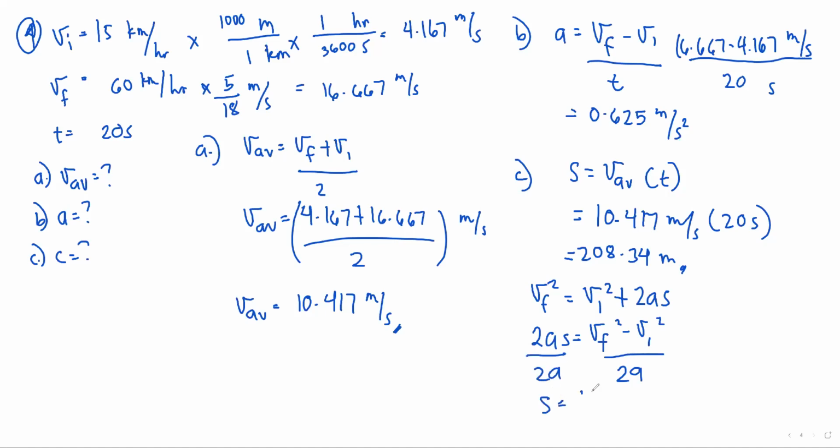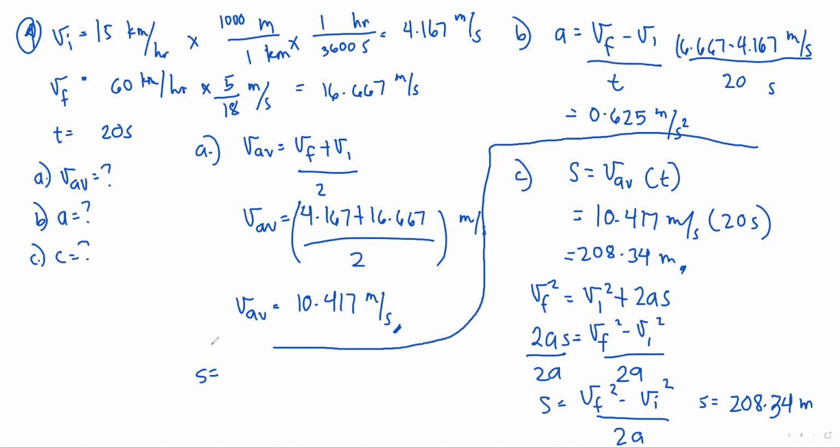So, let's solve and see if it matches. 16.667 squared minus 4.167 squared, all over 2 times 0.625. We get the same result: S is equal to 208.34 meters.